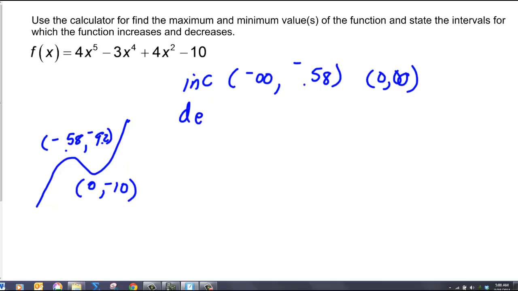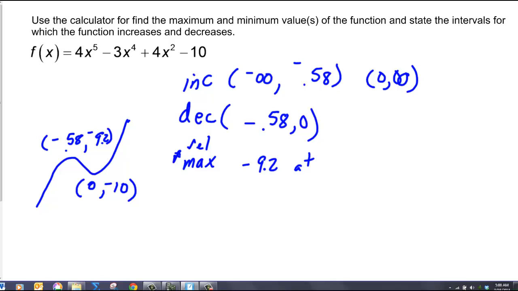As far as decreasing, that's going to go from negative 0.58 to 0. When we talk our maximum and minimum values, we have a max that's a relative max at negative 9.2 at a value of negative 0.58.